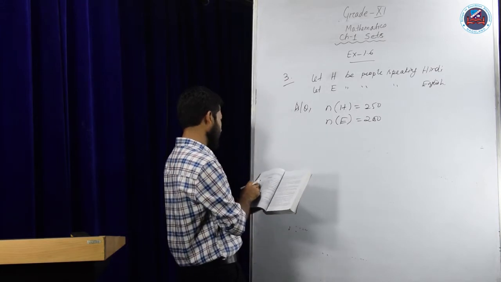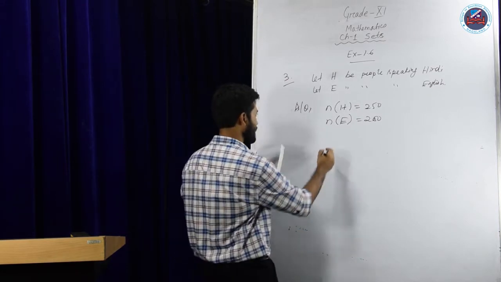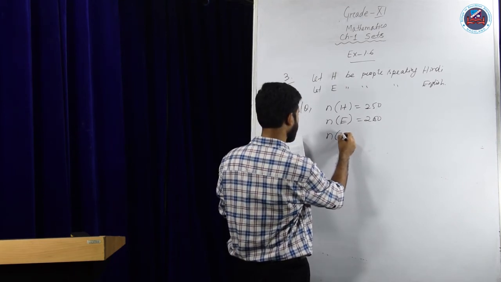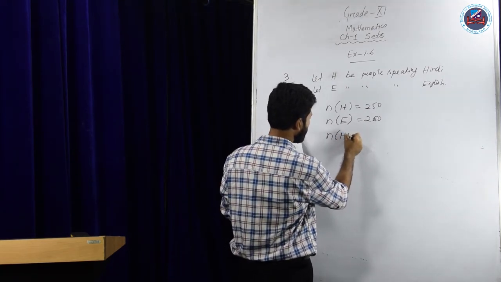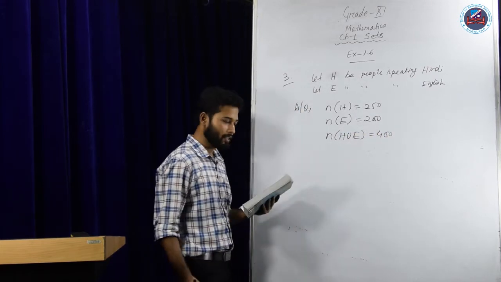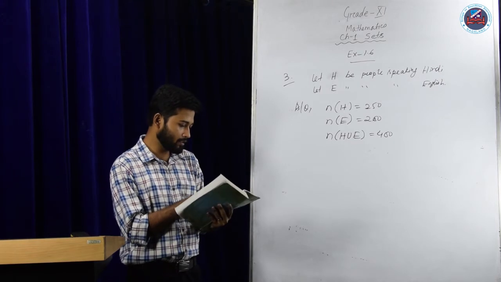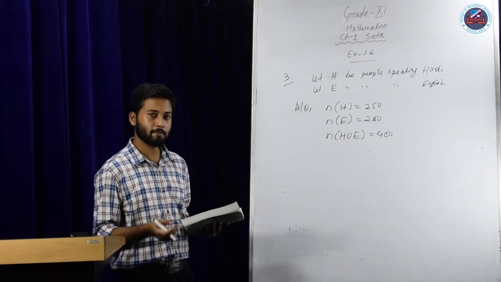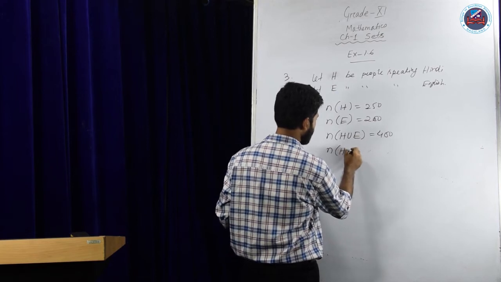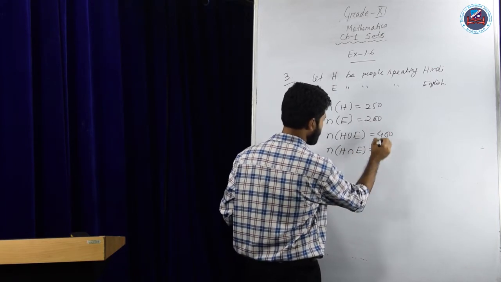And in the group there are 400 people, isn't it? That means the number of people who can speak either Hindi or English is 400. So what do we need to find? We need to find the number of people who can speak both Hindi and English. That means we have to find the intersection of Hindi and English.